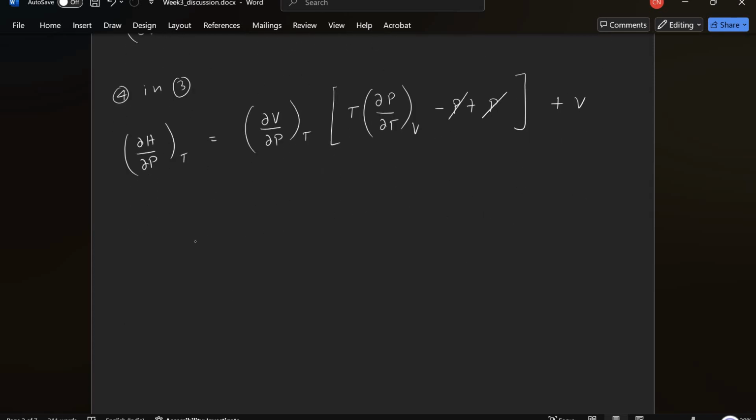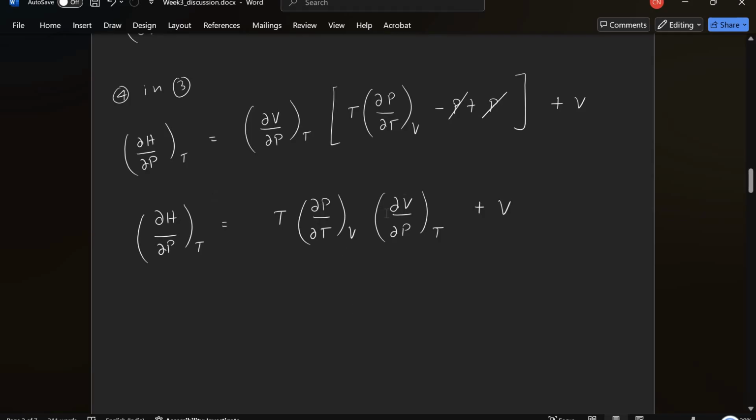So we have something like this: del H by del P at constant temperature is equal to T del P by del T at constant volume times del V by del P at constant temperature plus V. Now we need to figure out what these are.